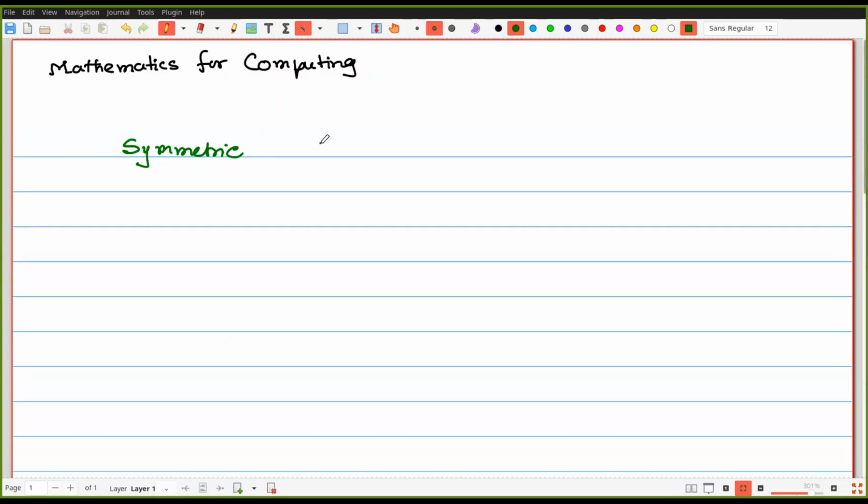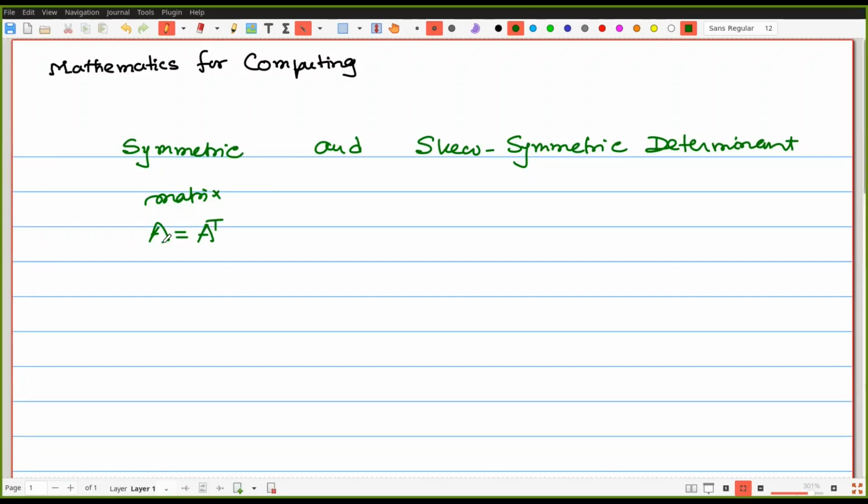In the case of a matrix, which one was symmetric? If A is equal to A transpose, then the matrix A is said to be a symmetric matrix. And in the case of skew symmetric, the condition was that A transpose is equal to minus A.